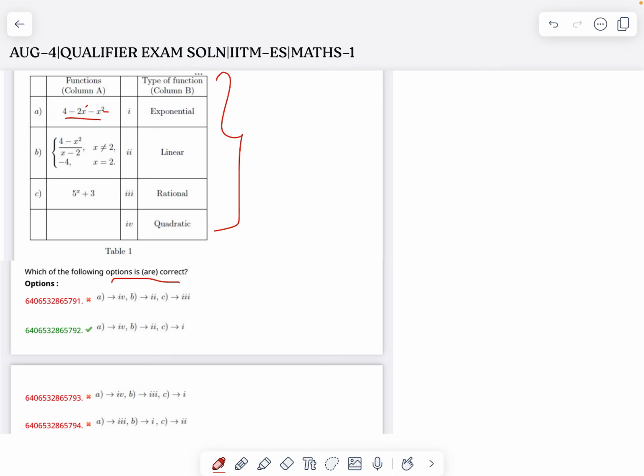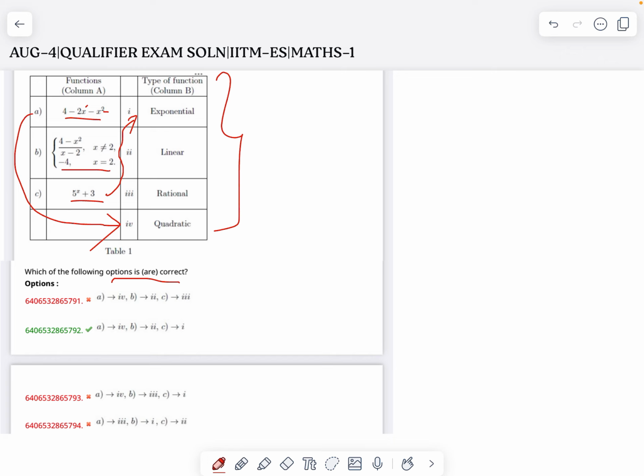Therefore A belongs to quadratic, option 4. So I'm bringing it like this, A belongs to 4. Here 5 power x plus 3, 5 power x, definitely it is an exponential form, hence I'm matching it with 1.